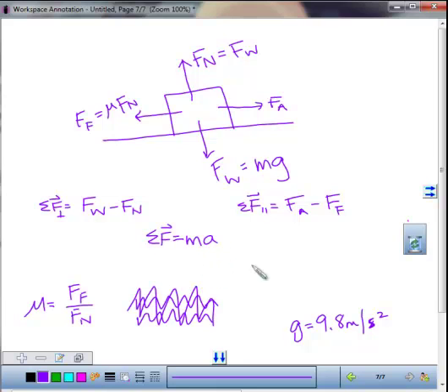Now remember that if this is 0, then there is no acceleration, which means there's either a constant velocity or there's no velocity whatsoever. And then we can just substitute this in for this sum of forces here, or for the other one. It works for both.